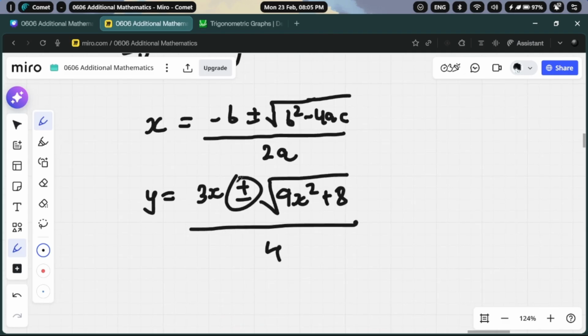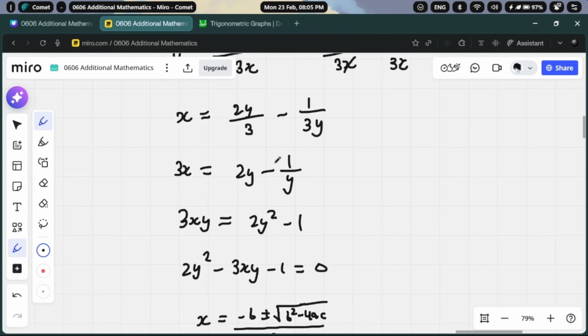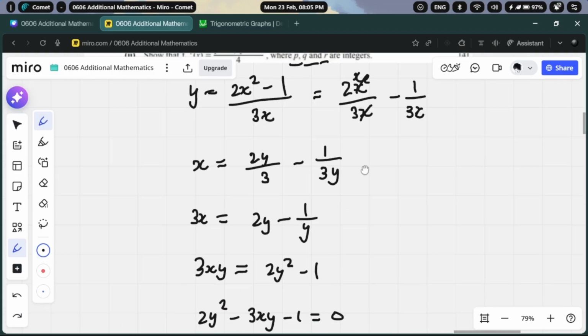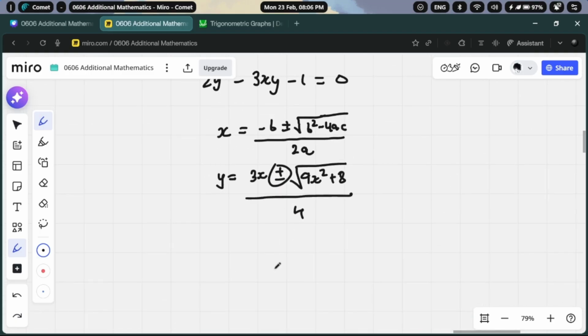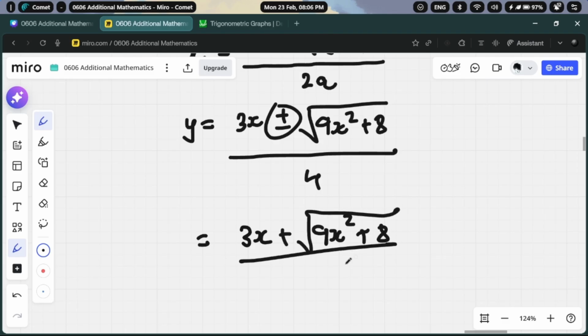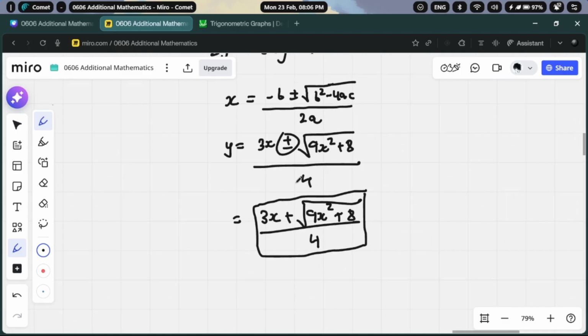Now obviously you can't have a plus minus for the function, so you have to look at the initial range for the given function, which is y greater than 0. So you take the positive one, so that would be 3x plus root of 9x squared plus 8, divided by 4. This would be your final answer.